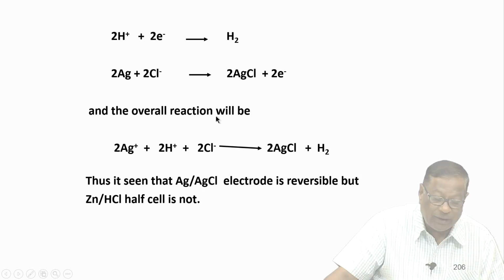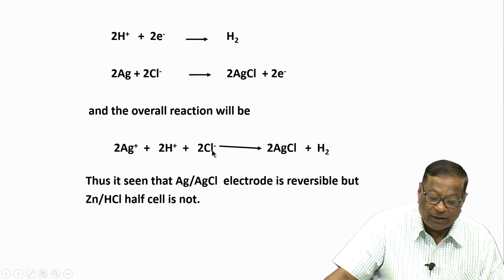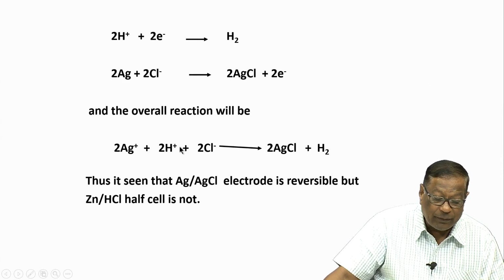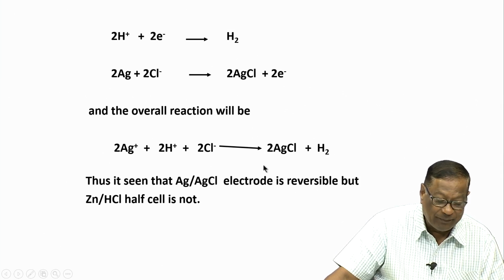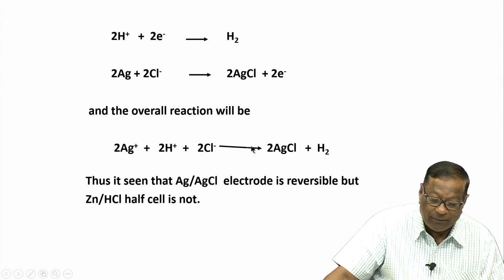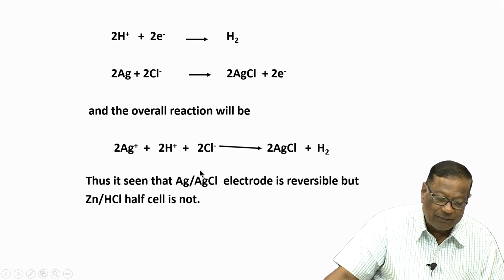So, the overall reaction is nothing but 2Ag plus 2H+ plus 2Cl-, that is already there. So, this will form AgCl, silver chloride, and hydrogen. So, instead of deposition we are going to have release of hydrogen. So, it is seen that silver chloride is reversible, but not zinc HCl solution.